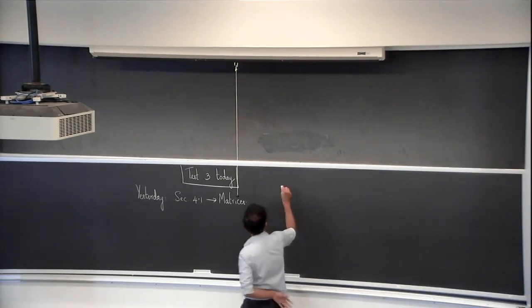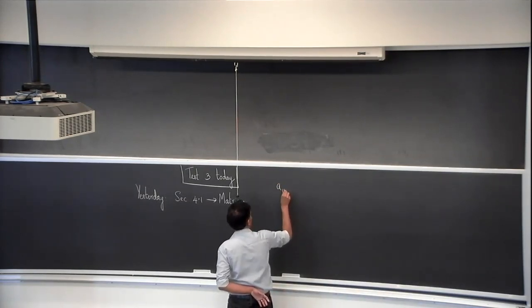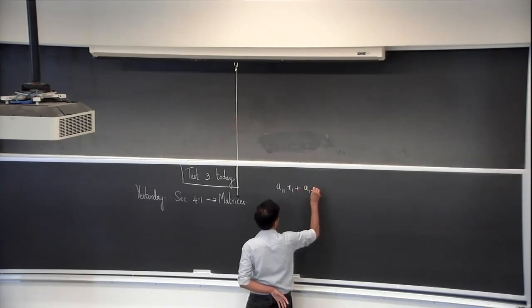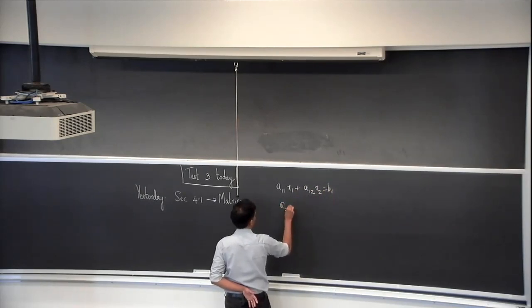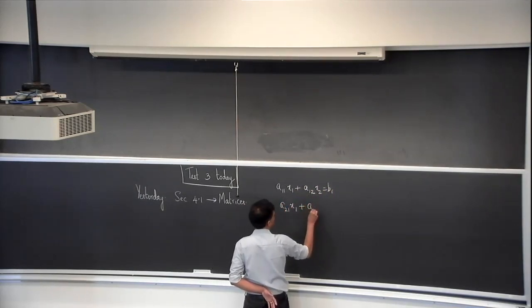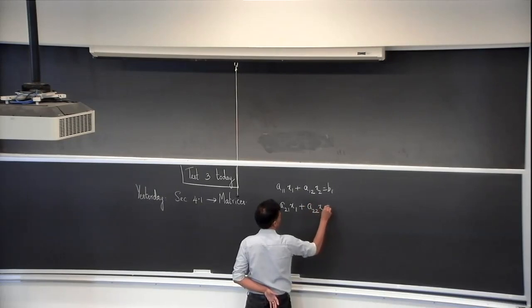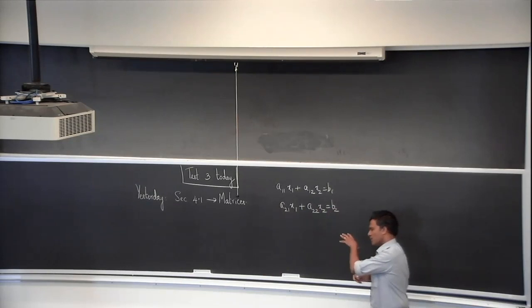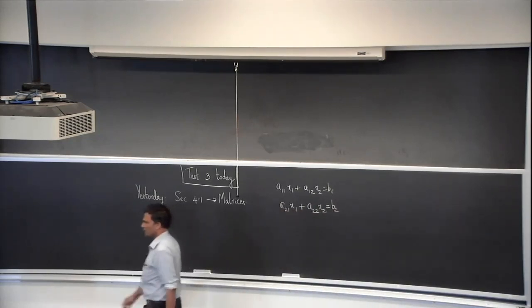So if you write a system like this, a11x1 plus a12x2 equal to b1, and a21x1 plus a22x2 equal to b2. And I showed you the 3 possible cases of systems of linear equations yesterday.